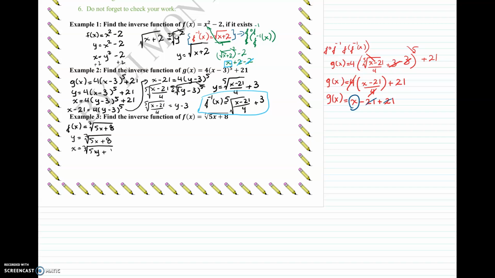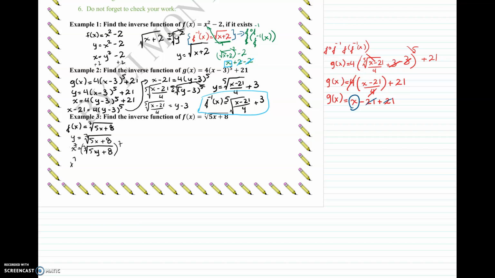So x equals the 7th root of 5y plus 8. And what you do over here is take the exponent to make sure that the radical is going to cancel out.